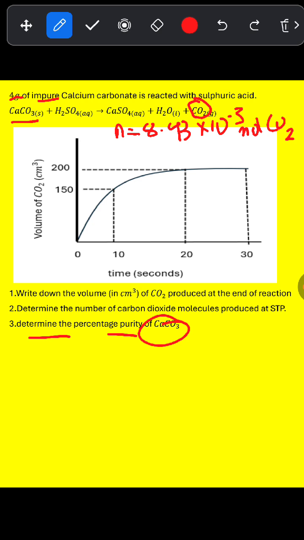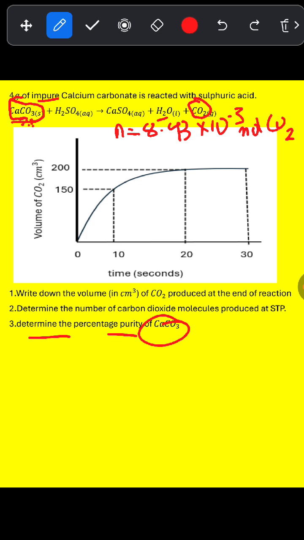But when you calculate mass using the reaction, you're going to get a pure mass, because it is only the pure calcium carbonate that takes part in the reaction. Right? So the aim here is to calculate the pure mass of calcium carbonate.